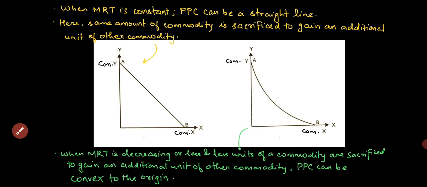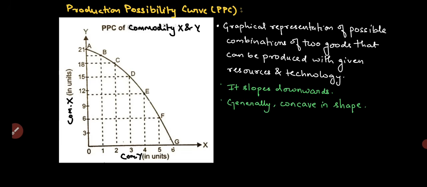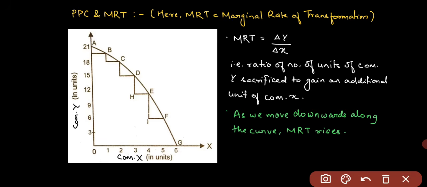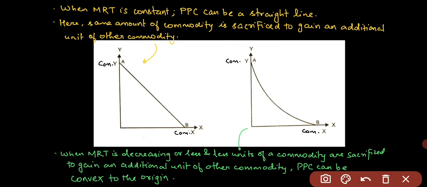Next, you see, here we have told that generally the shape of the production possibility curve is concave in nature. It is downward sloping and concave to the origin. But the production possibility curve may also be a straight line, right?